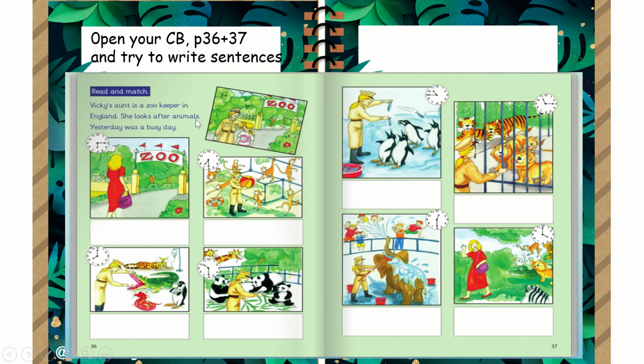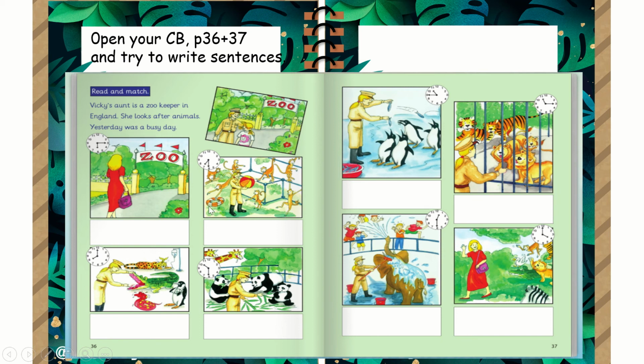She looks after animals. Yesterday, look at this word. Yesterday was a busy day. So he said yesterday was, not yesterday is, yesterday was. So he used the past tense here. Okay, yesterday was a busy day.